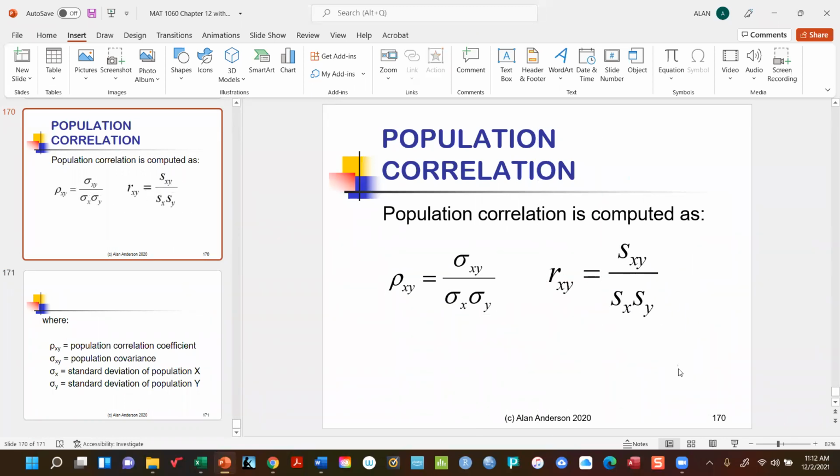And that would be this. This is the Greek letter rho. And whenever you see that, you're looking at a correlation coefficient for a population. All right, so that's the end of that.